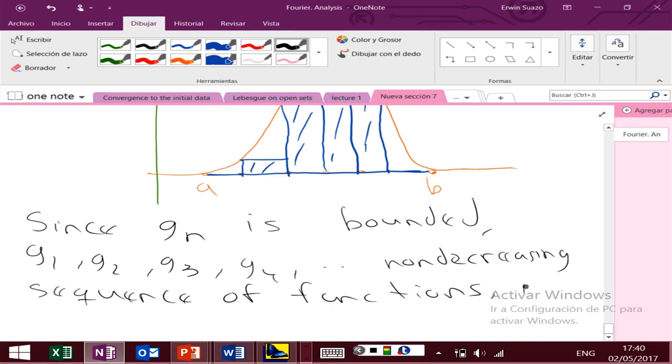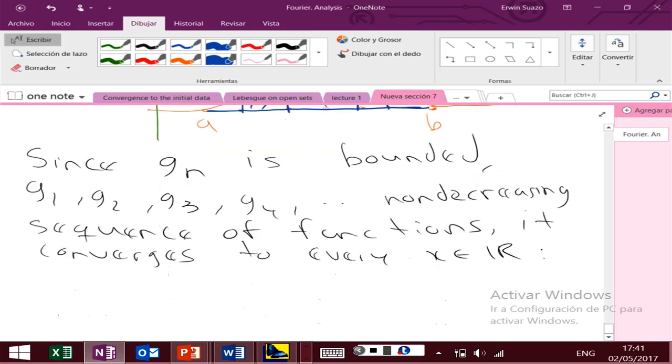it converges for every x that belongs to R. So what I'm saying is the limit of G sub n of x when n goes to infinity exists. Because for each x I have a bounded, increasing sequence.